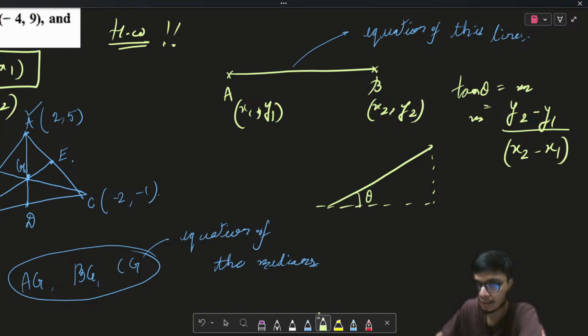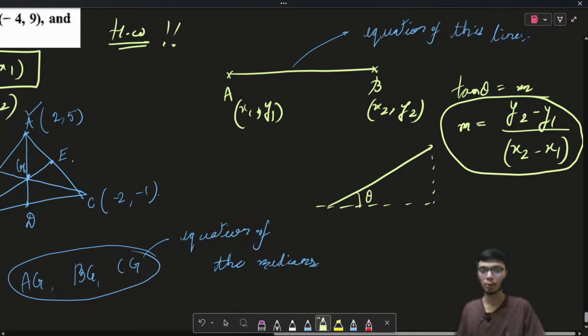From this I will easily obtain the slope of the given line. Once I obtain the slope of the line, the next step is to formulate the equation of the line.